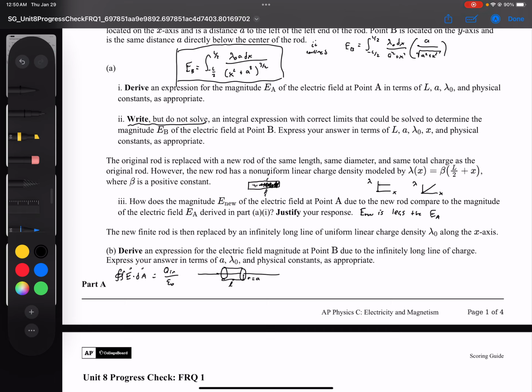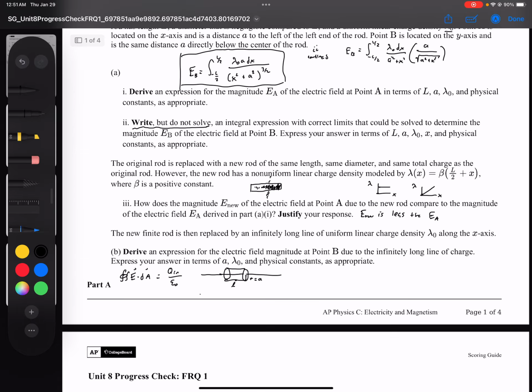I'm just going to use this little symbol L to represent the length of our Gaussian surface. We're not defining what the length exactly is, but I'm just writing down a little variable to show basically how long the cylinder is. So the area of the walls of the cylinder is 2 pi r times L.